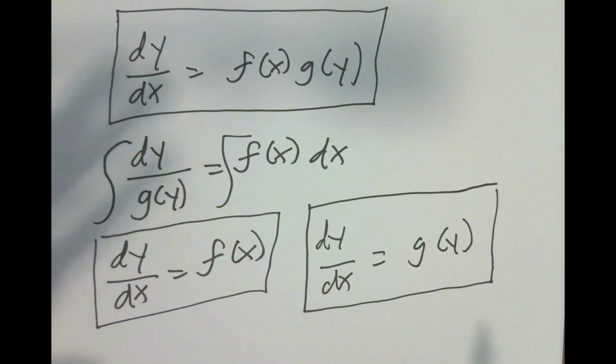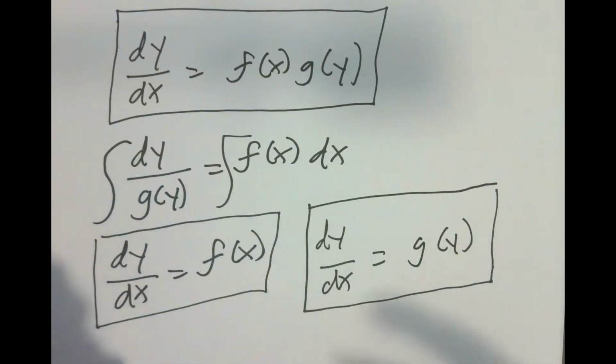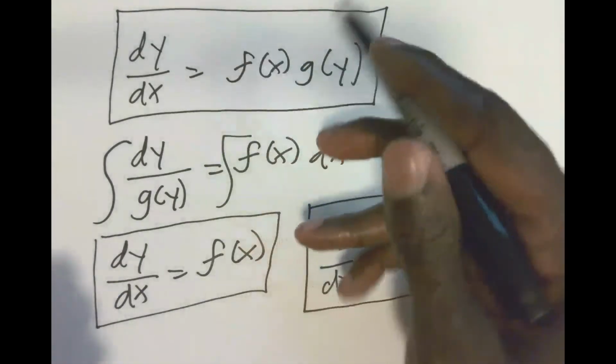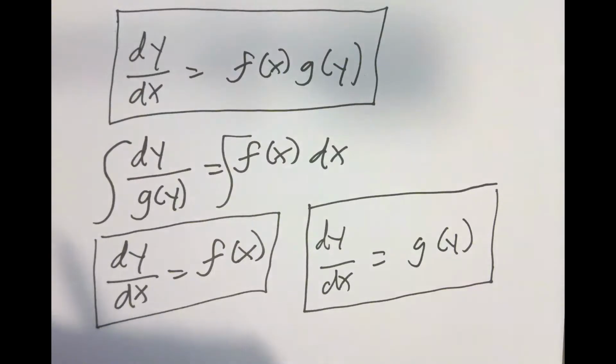That's a stickler that they have. Now, if you're a Cal 2 student in college, your professor may let you slide, understanding that you know you're going to separate and integrate, and a lot of that can be done mentally.